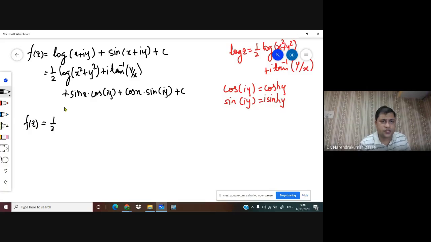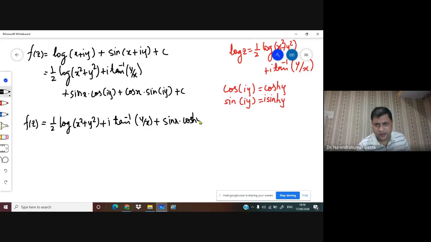We have f of z is equal to half of log of x square plus y square plus i tan inverse of y by x plus sin x cos hyperbolic y plus i cos x sin hyperbolic y plus c.